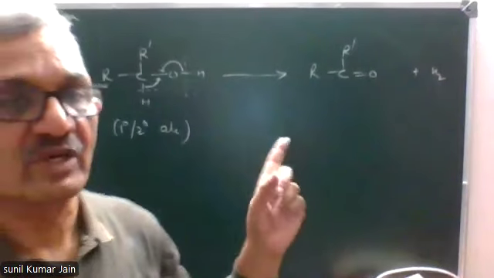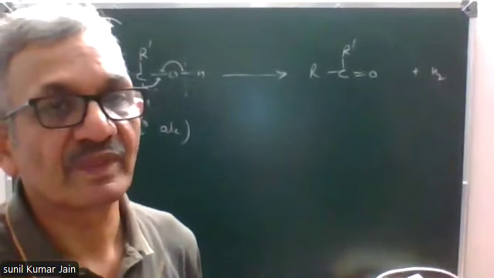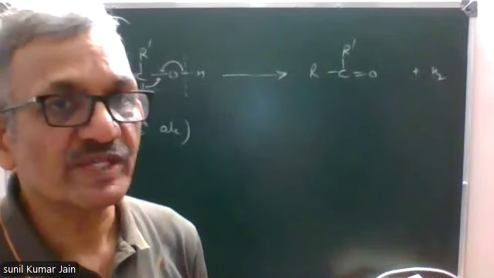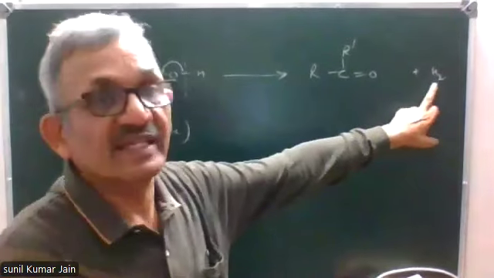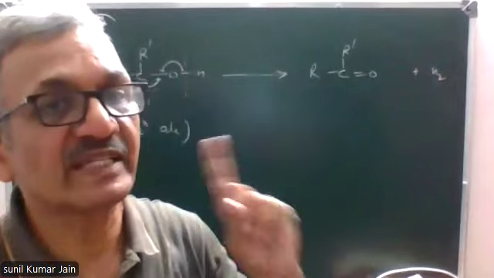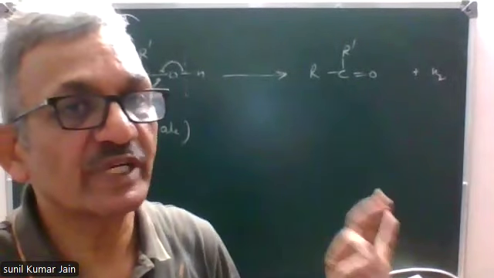So this is the formation of C double bond O. Whether this is a primary alcohol or secondary alcohol, it's nothing but removal of hydrogen, and removal of hydrogen is nothing but dehydrogenation.